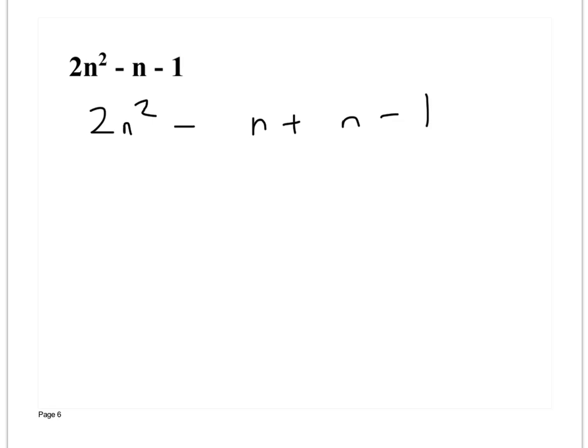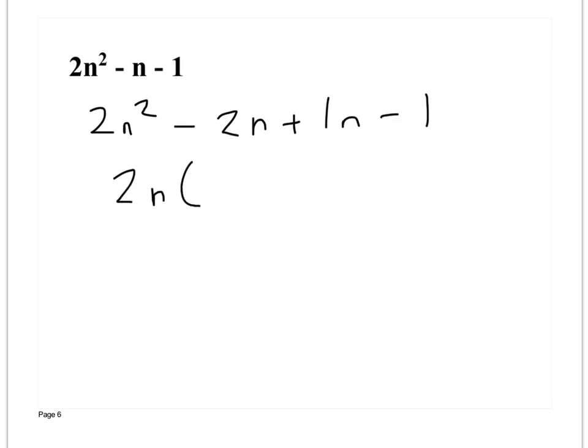What would add to give me negative 1 and multiply to give me negative 2? Negative 2 and positive 1. Okay, what can I take out of 2n squared and negative 2n? 2, what else?